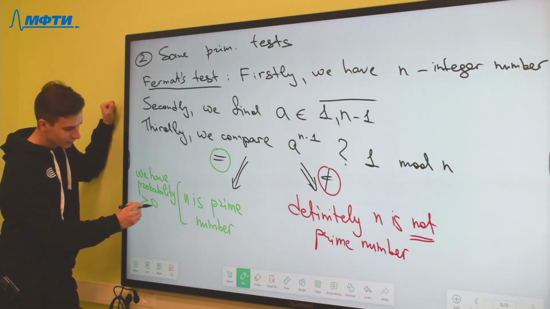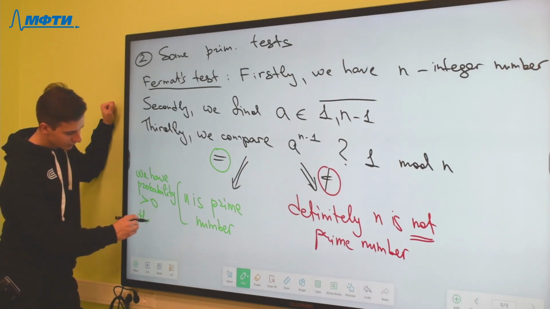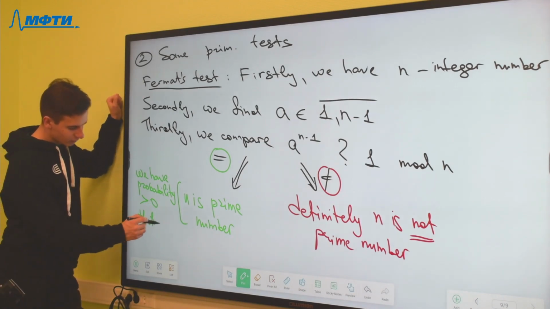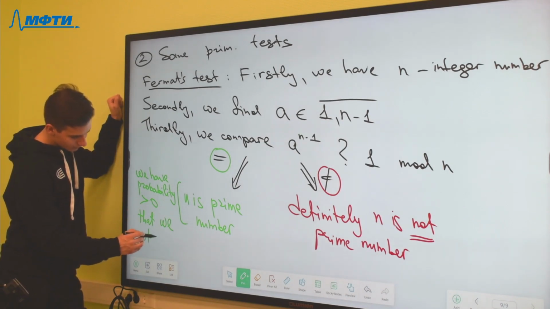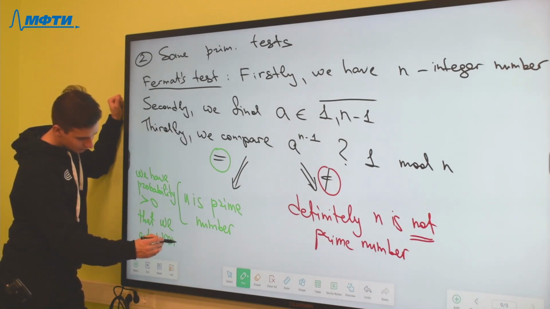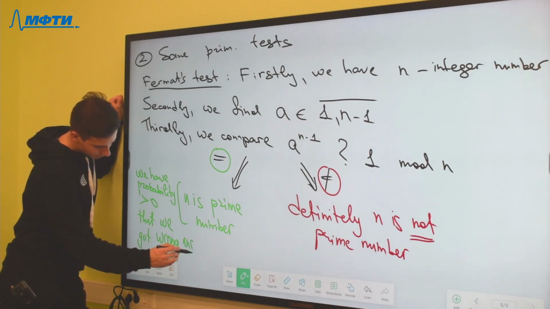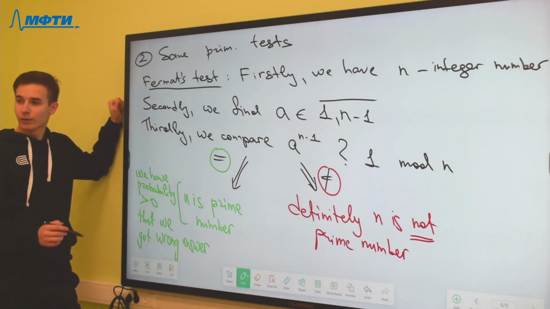We have probability bigger than 0 that we got a wrong answer here.